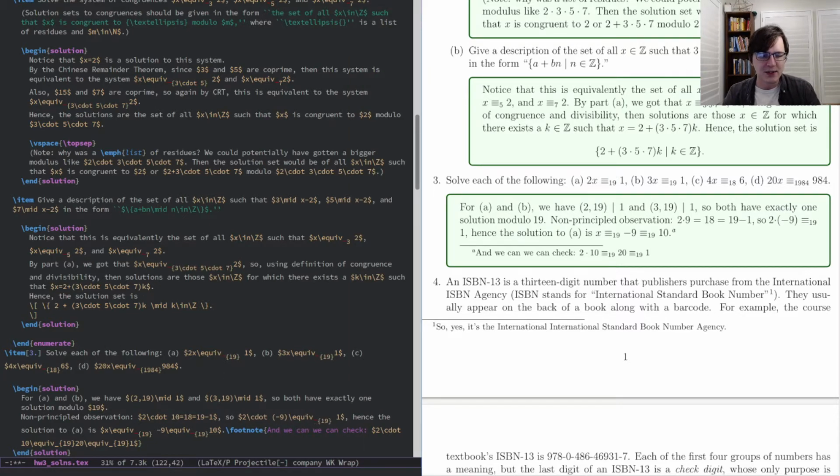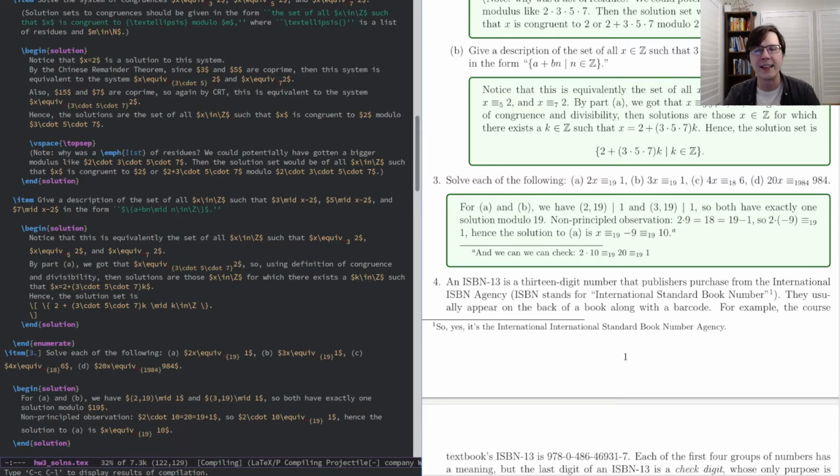Let's do our non-principled observation, which is that 20 is 19 plus 1. So 2 times 10 is congruent to 1. Hence the solution to this is 10.